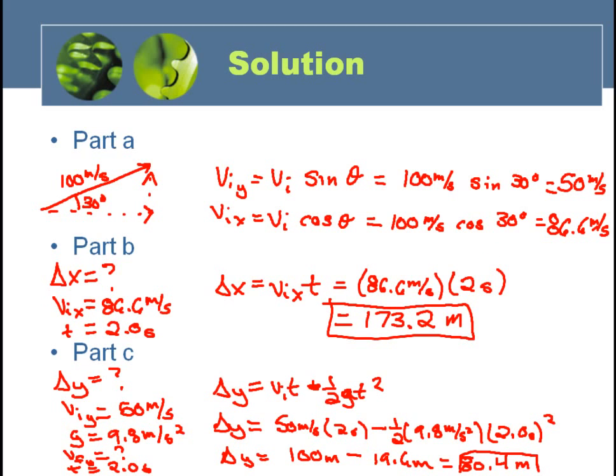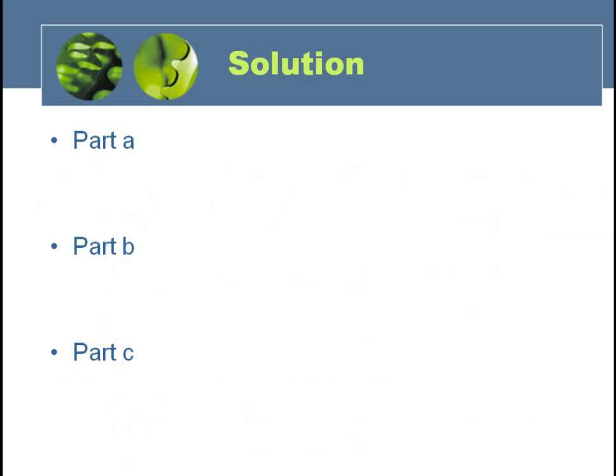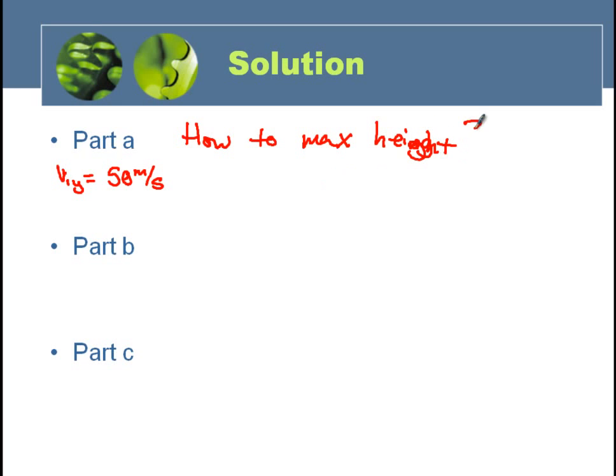Now there's several other things I can ask you about this problem. I could ask you how long it takes to reach its maximum height. Let's do that real quick. So VIY was 50 meters per second. So how long to max height? Can't spell today either. So we take our inventory.